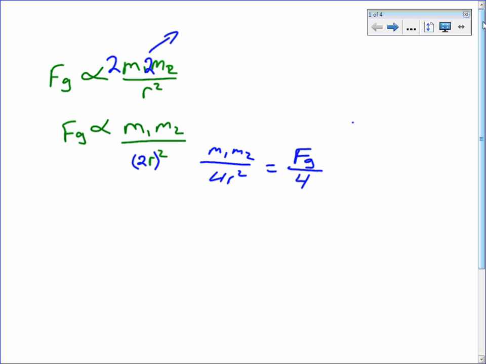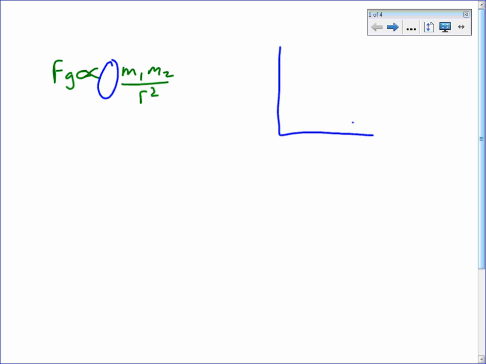Now the last thing we have is anytime we have a law saying that two things are proportional to each other, that means there's a constant that makes them equal to each other. So if you have Fg proportional to M1 M2 over r squared, to make that an equal sign, we need to put something in here multiplying, a constant, a slope for the graph that looks like this.